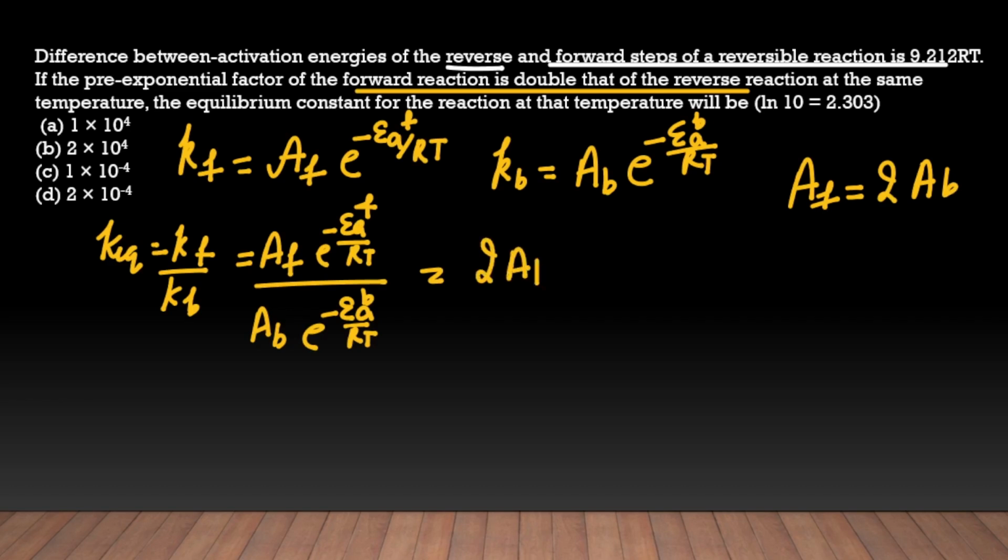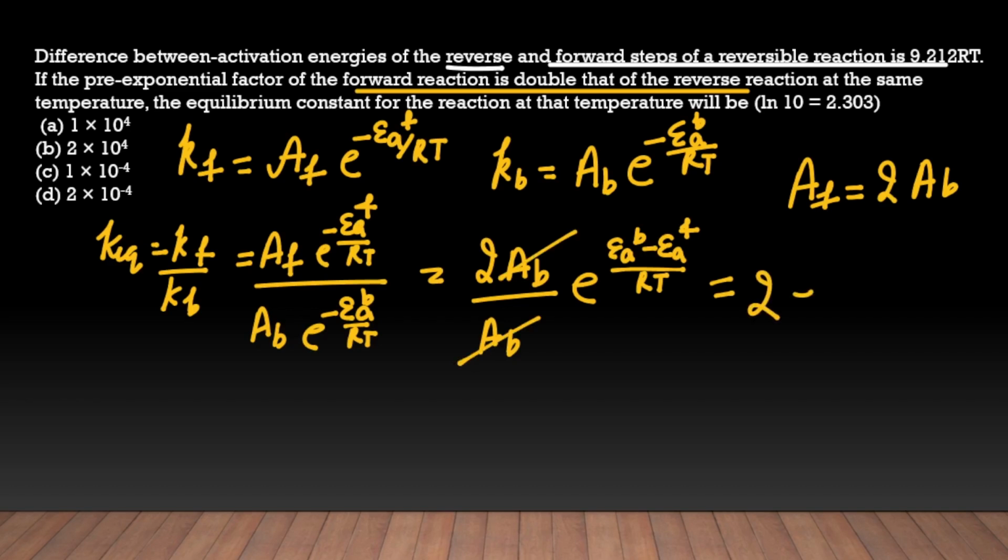So we can substitute this relation. Overall it will become the activation energy of the backward minus that of the forward direction upon RT, right? The pre-exponential terms will get cancelled, so E raised to the power of minus the activation energy of the forward minus the activation energy of the backward direction upon RT.